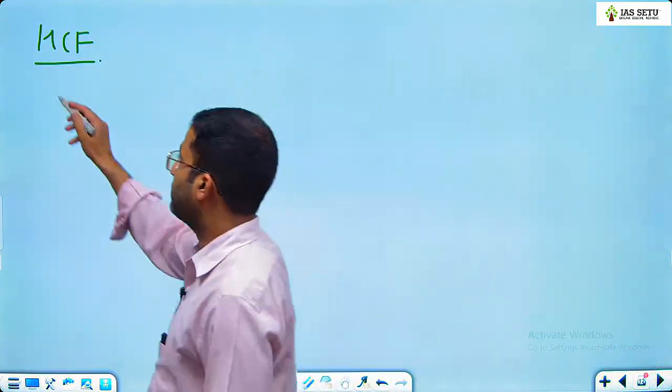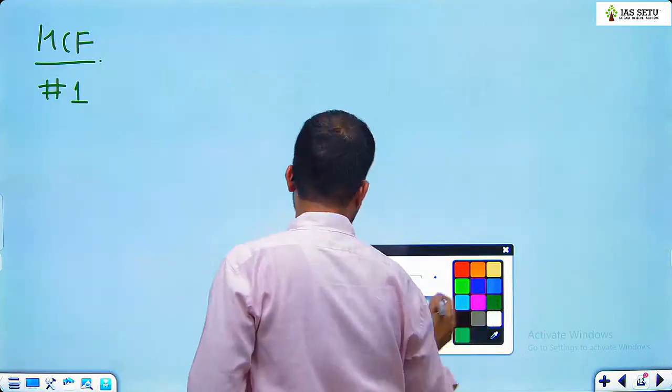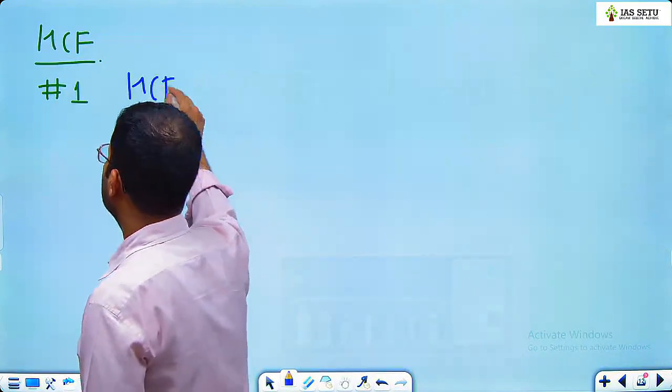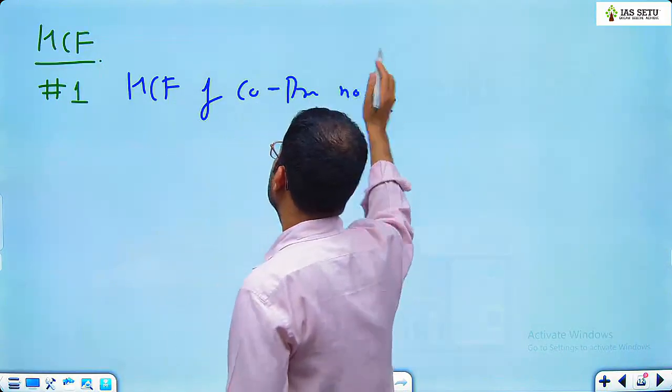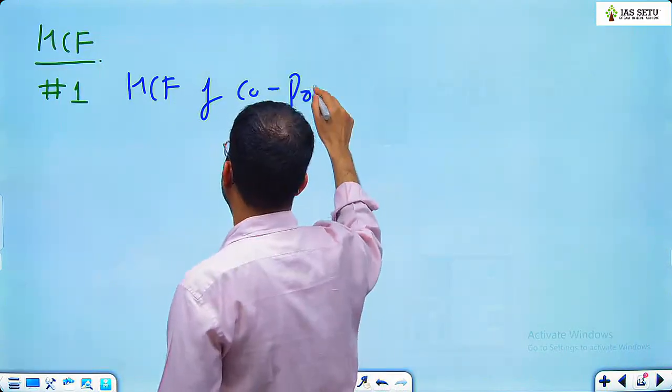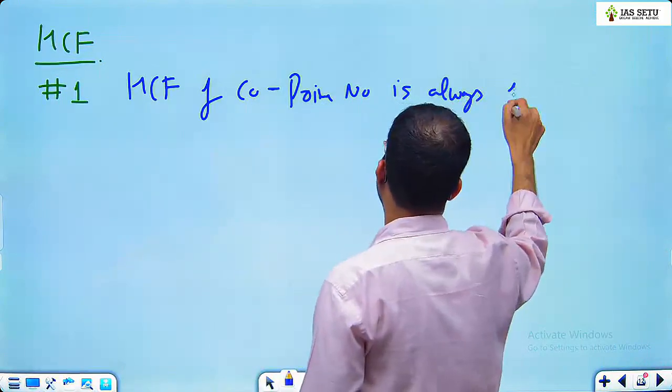Now here observation number 1: HCF of coprime numbers is always 1.